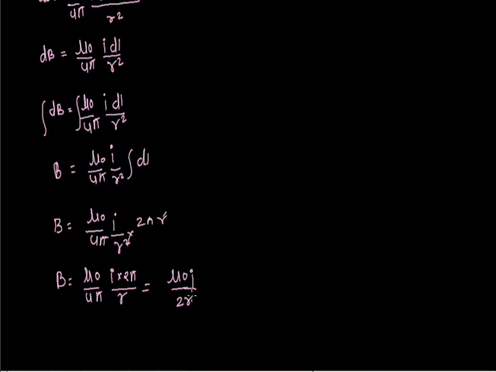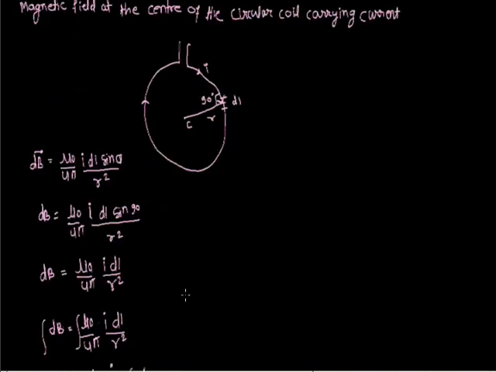This is the magnitude of the magnetic field at the center of the coil. If the number of turns in the coil is n, then B equals mu naught n I upon 2r. This is our final result.